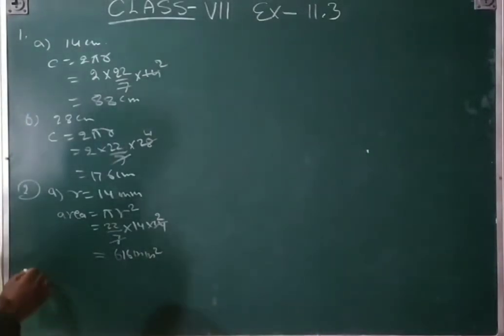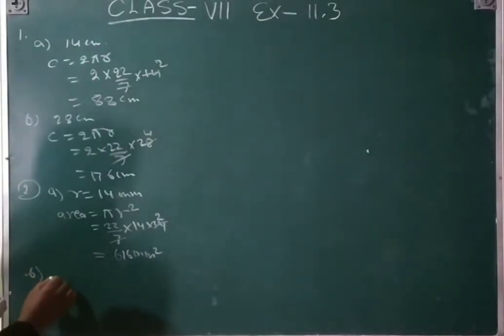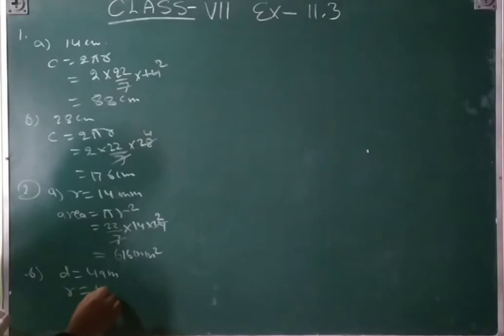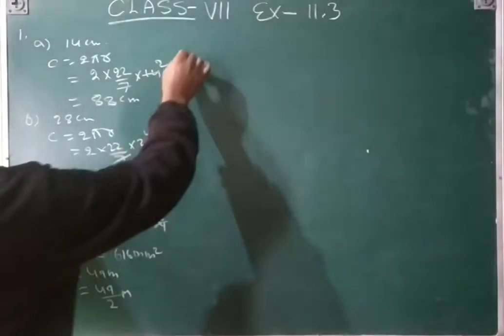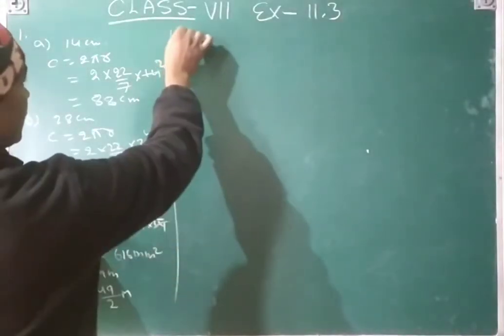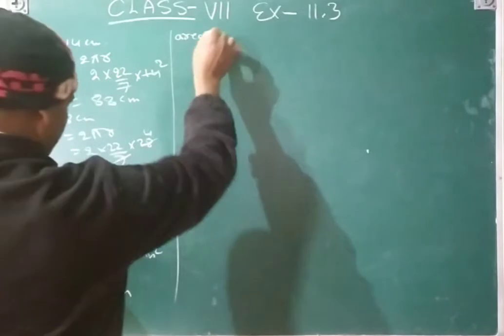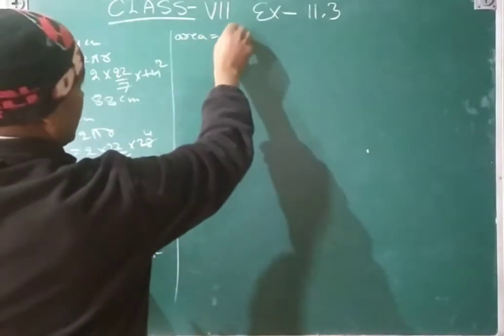B part, the diameter is given, equal to 49 meter. So first of all we will find the radius. Radius means half of the diameter. Okay, and then area is equal to pi r square.